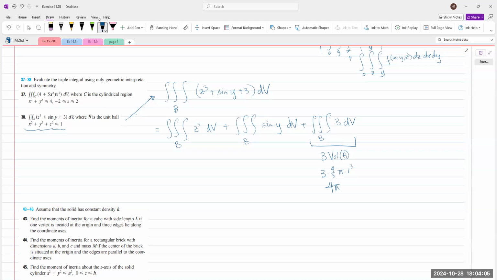Why? For the following reason. If you try to set it up, you will see that this x cubed here is an odd function, right? And then the x component of that B will be bounded between negative square root of 1 minus y squared minus z squared to square root of 1 minus y squared minus z squared, which then later on will cancel.